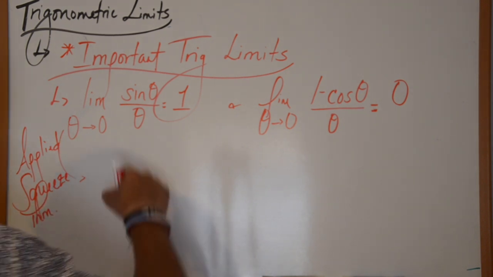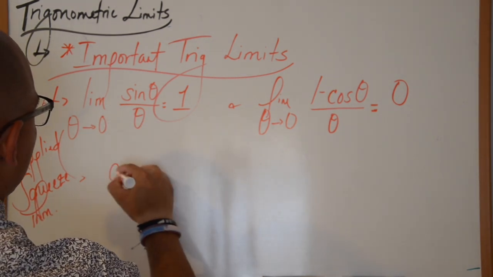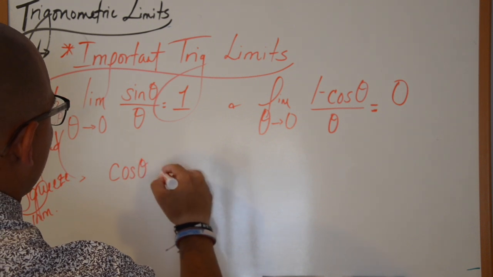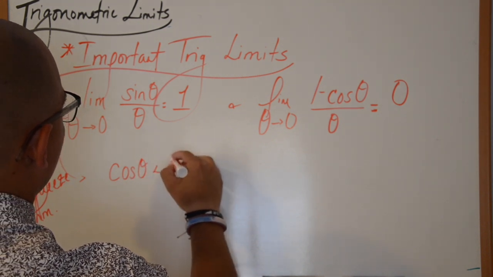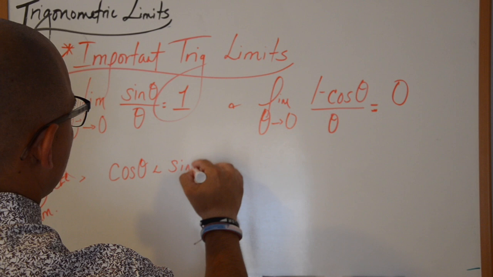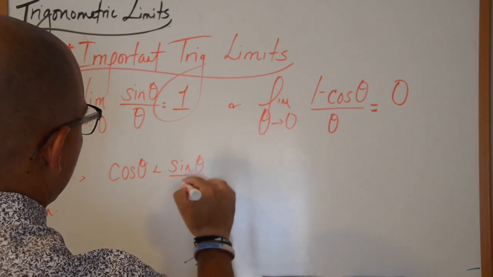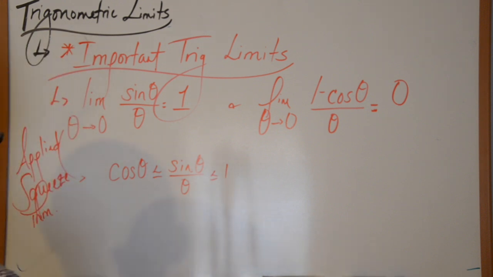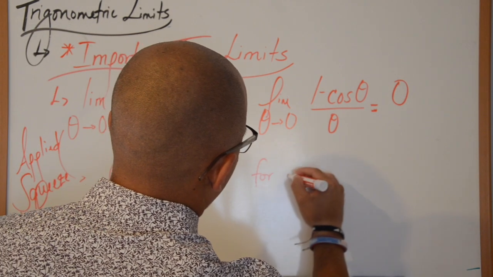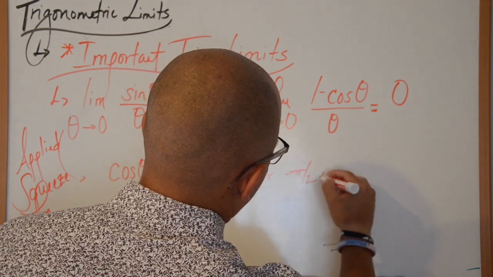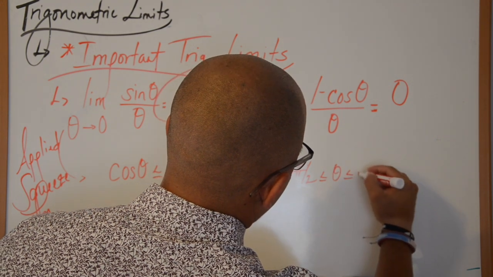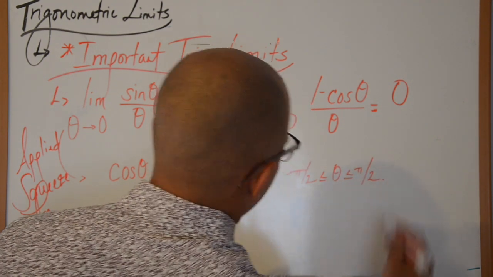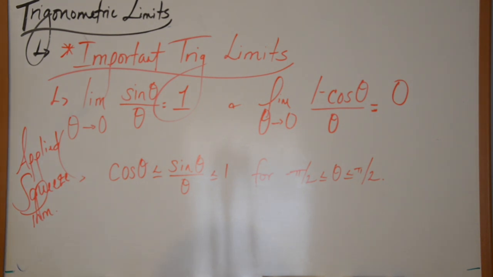Because we bound this function between cosine theta and one for all values of negative pi over 2 to pi over 2. So that justifies our first important trig limit.